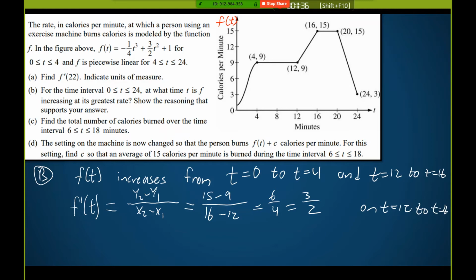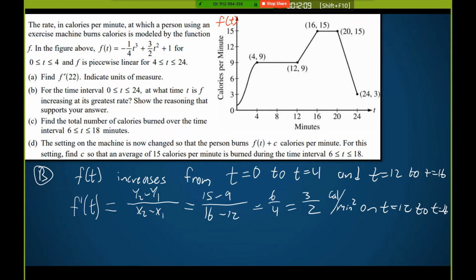Is it FT over T? Yes. So the units should be what? Calories per minute over minutes. Perfect. Calories per minute over minutes, which would be calories per minute squared.